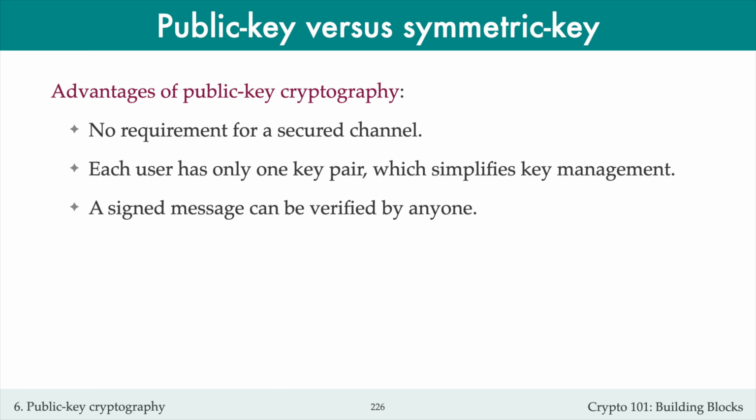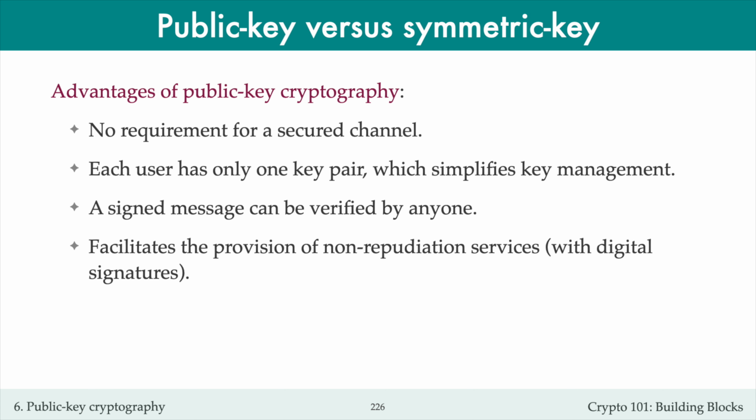A signed message can be verified by anyone who possesses the corresponding public key. And signature schemes facilitate the provision of non-repudiation services. This is because if Alice denies having signed a message, Bob can take the signed message and Alice's public key to a judge, and the judge can verify that Alice did indeed sign that message.